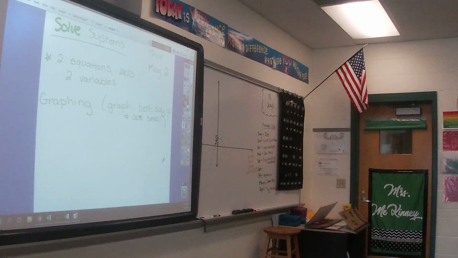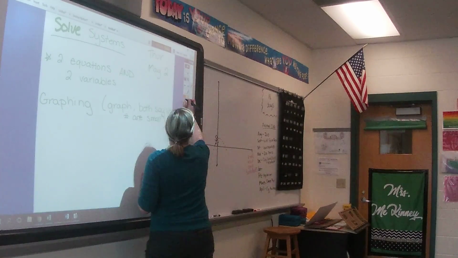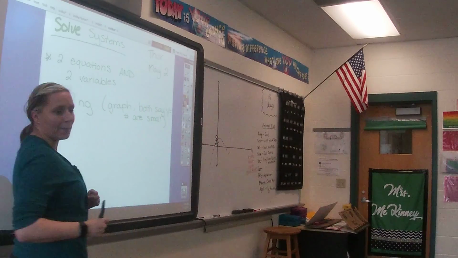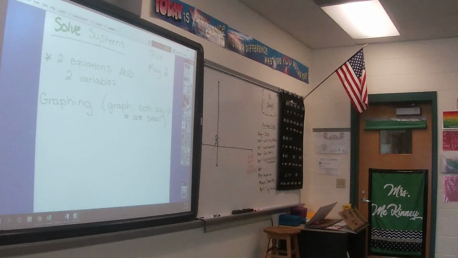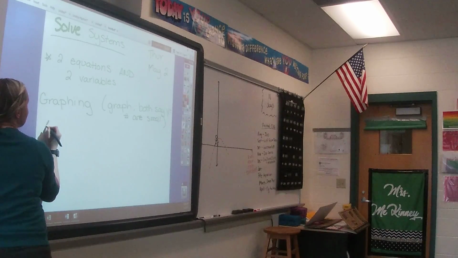When we are solving by graphing, there are three things that can happen. Option number one is that we can solve by graphing and get intersecting lines.